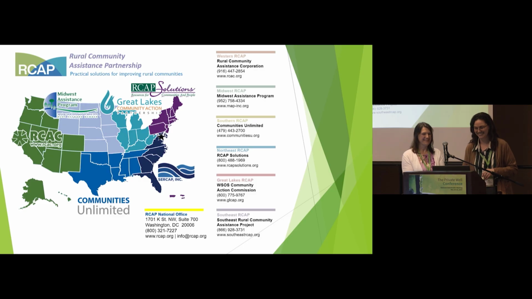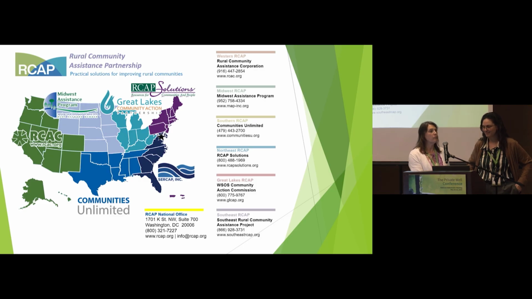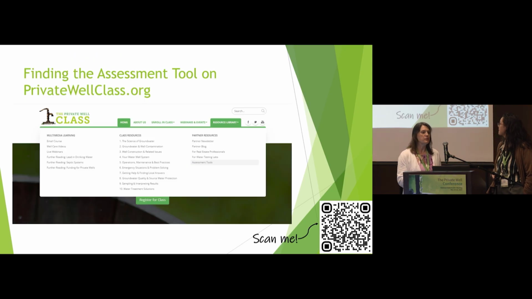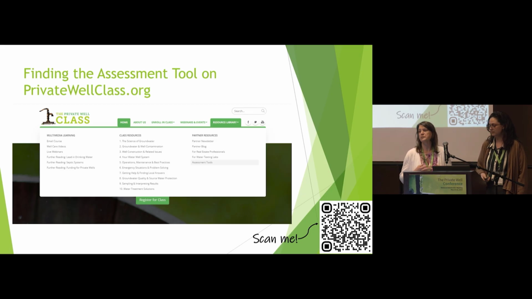To find our assessment tools, we have both a private well assessment tool and an on-site tool. You can go to our website, privatewellclass.org, and on our resource library, you can drop down to assessment tools. And again, those are downloadable PDFs where you can fill it out on your laptop or a phone, or you can print it off and take the paperwork with you.